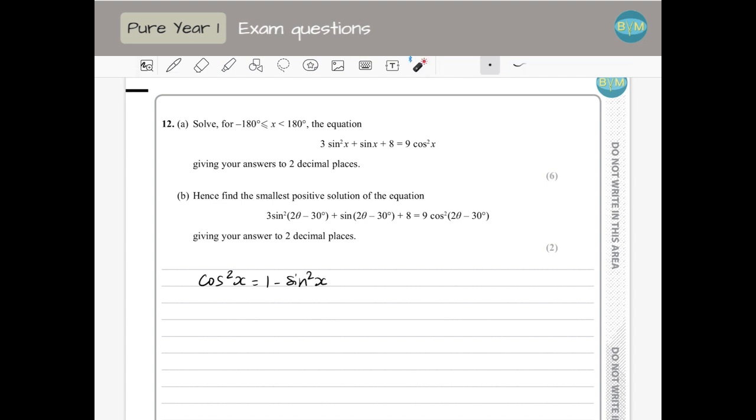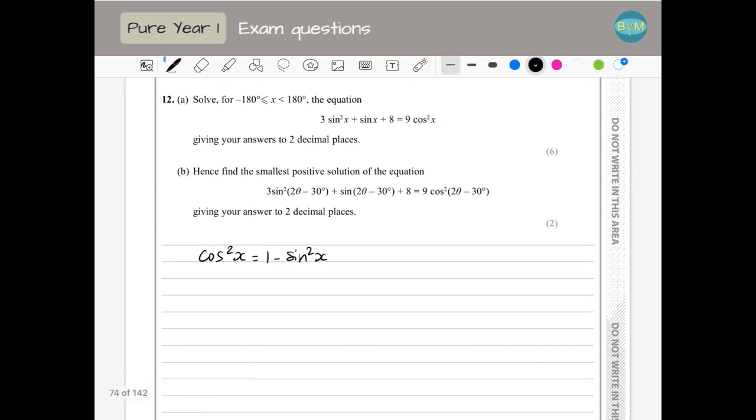I'm going to substitute that here, so I write 3 sine squared x plus sine x plus 8 is 9 times (1 minus sine squared x).